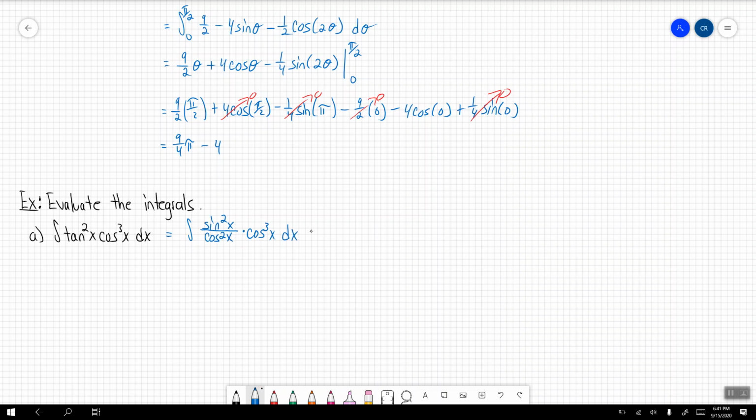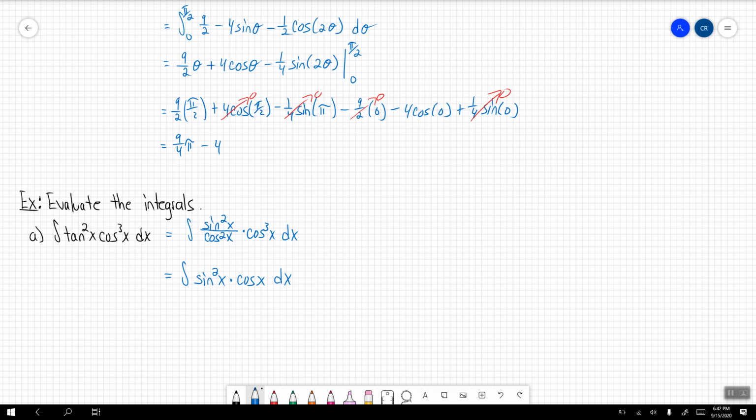And in doing so, we now get the integral of sine squared x multiplied by cosine of x dx. So check that out. That's not a bad integral. That's actually a pretty good integral that we get to see.